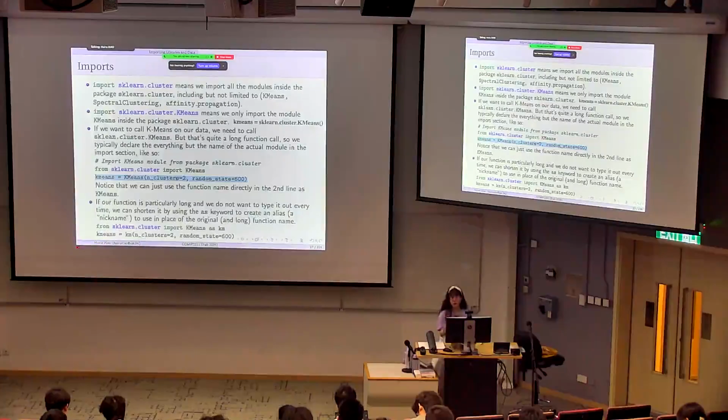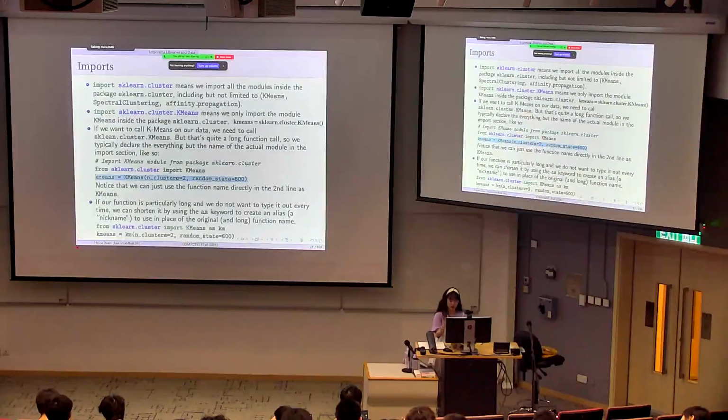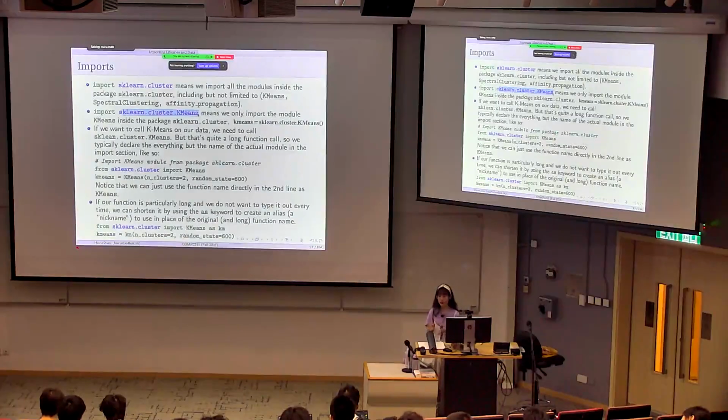The reason is that for Python, the real name that you want to call is the name following the keyword import. So if after import it's followed by sklearn.cluster.k-means, then Python only accepts that as the name of the module you want to call.